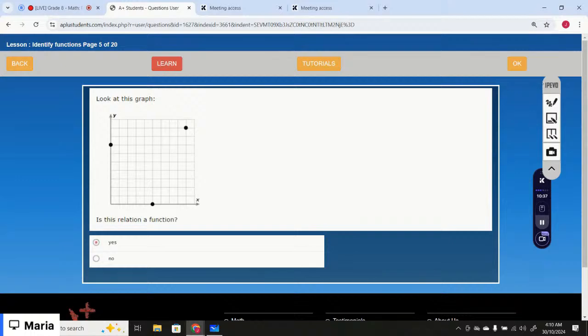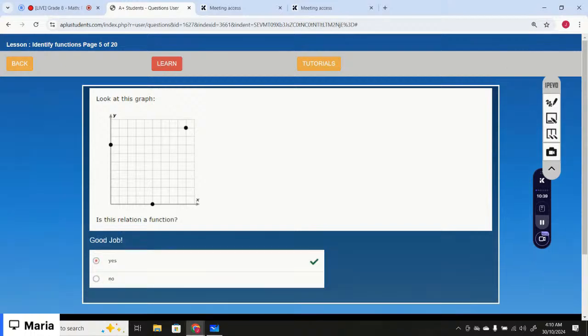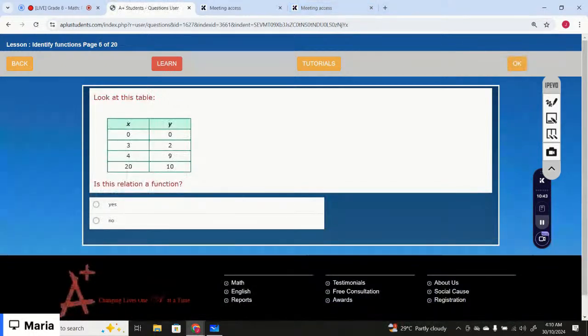Option number one is the correct option. Very good. Look at this table. Is this relation a function?